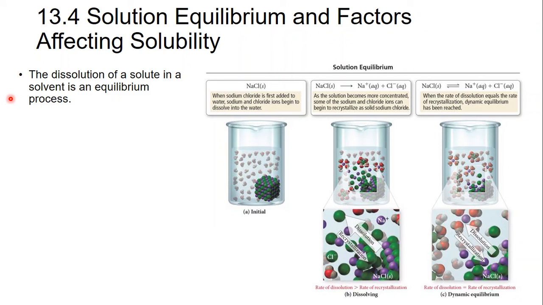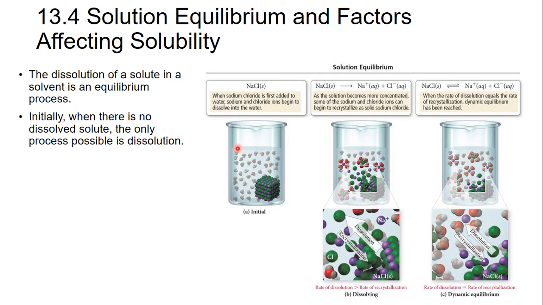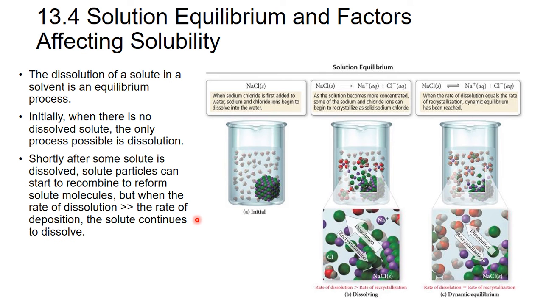In this video, we're going to look at some of the factors that actually affect solubility. To really understand this, we have to realize that dissolving something is really an equilibrium process. When we first put a solid into a liquid, there is nothing dissolved, so the only thing that can happen is the solid dissolves into the water.